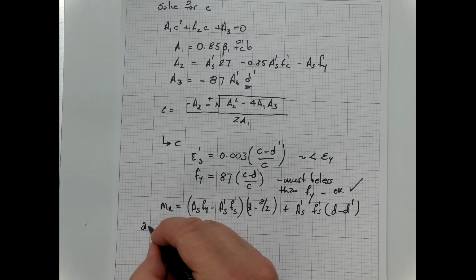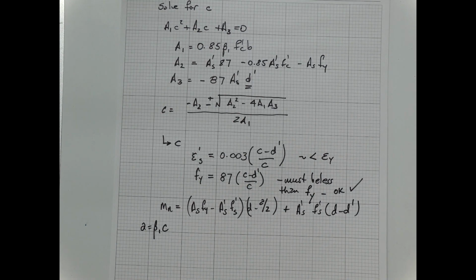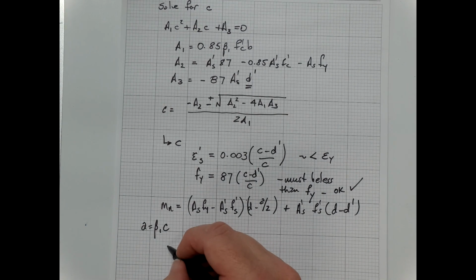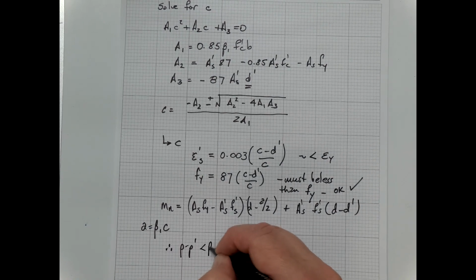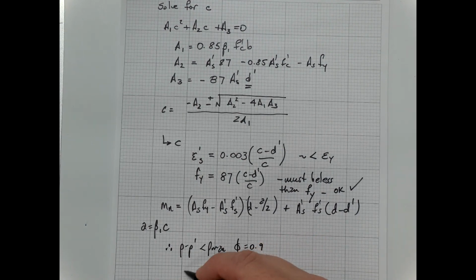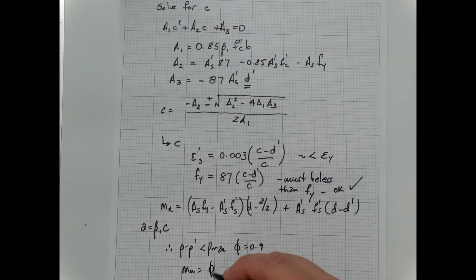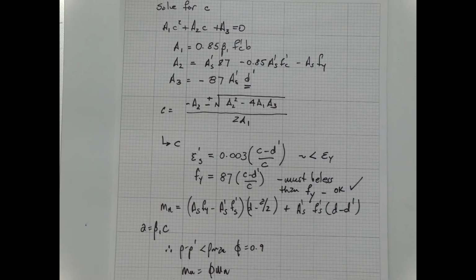Remember that A is equal to beta 1 multiplied by C. And since rho minus rho prime was less than rho max, phi is equal to 0.9, and our ultimate moment is phi M sub n. And that's a complete solution. So I'm going to stop this recording now. We're going to pick up and we're going to do an example of a doubly reinforced section.